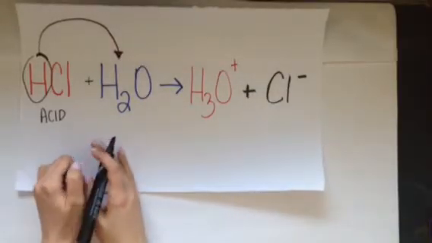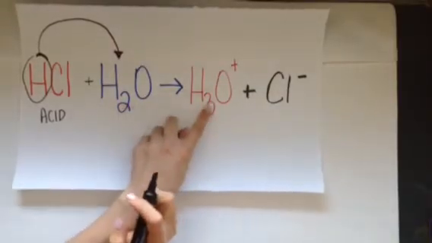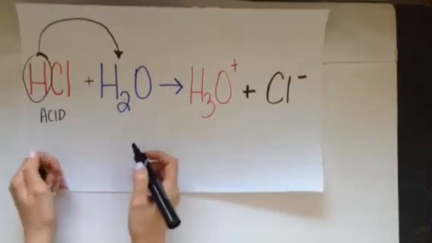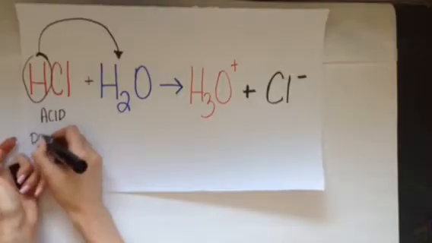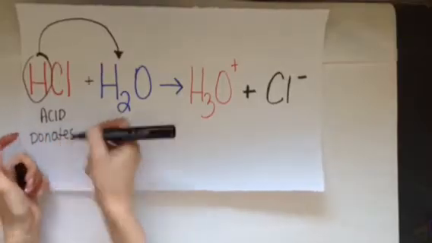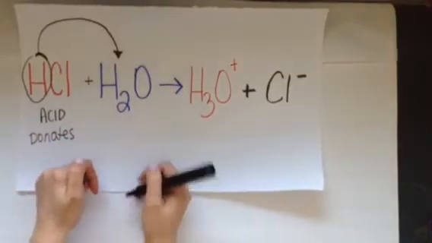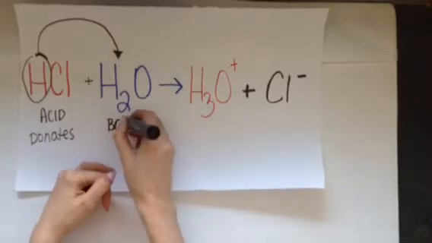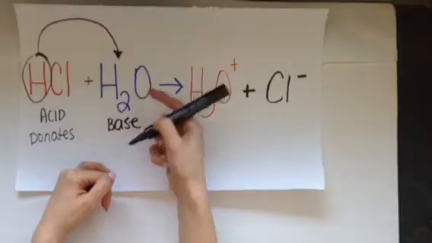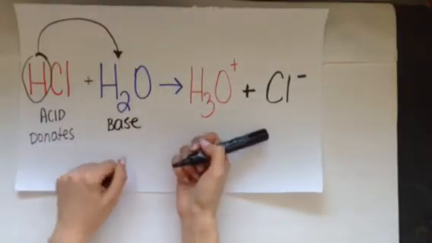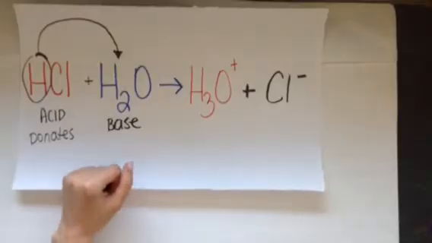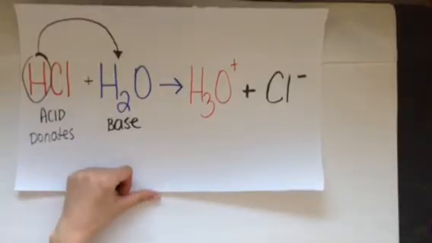How do I know? Because H2O became H3O+, and I just saw it happen in the beaker. So the acid donates. Well, didn't we just say that the base accepts? Yes, that's right. Water is a base then in this instance. And that's true. Water can act like a base. And I know you're thinking, I thought water was neutral. Well, according to our Bronsted-Lowry definition, water is acting like a base.